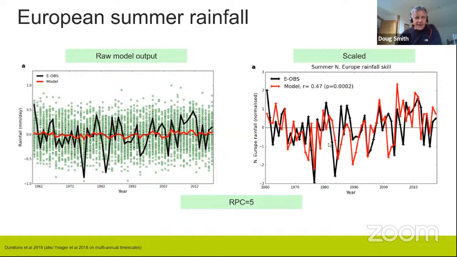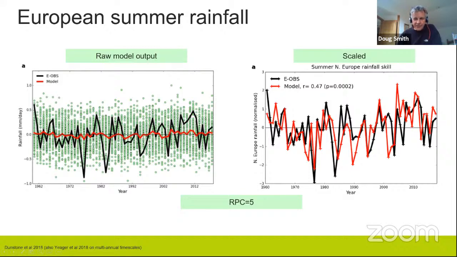We also see it in seasonal forecasts of summer European rainfall. So again, the plot on the left shows the raw model forecast. The red line is the ensemble mean, and the dots are individual ensemble members. Taken at face value, we would think there's little ability to distinguish between positive or negative values of the summer rainfall.